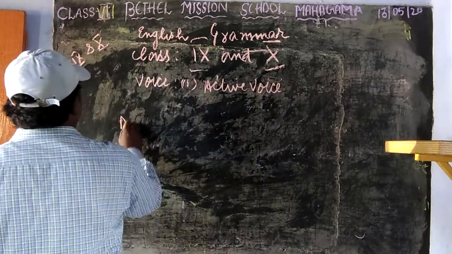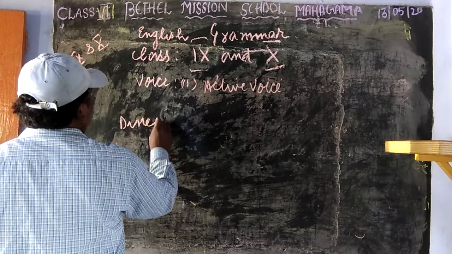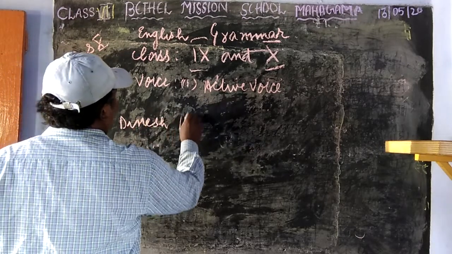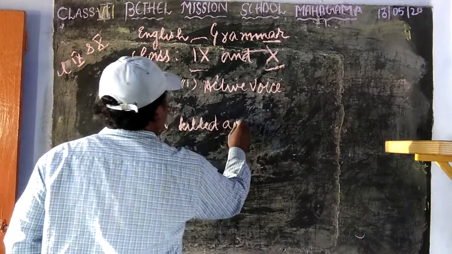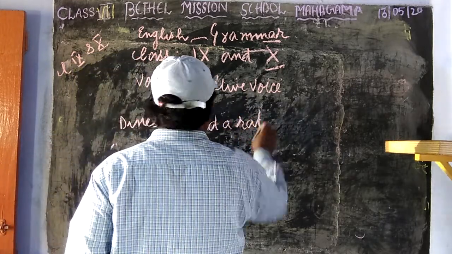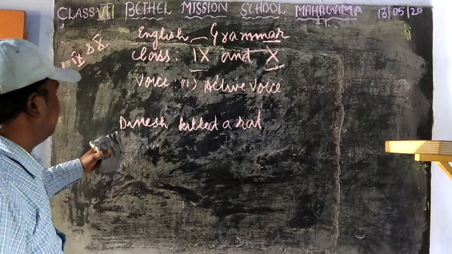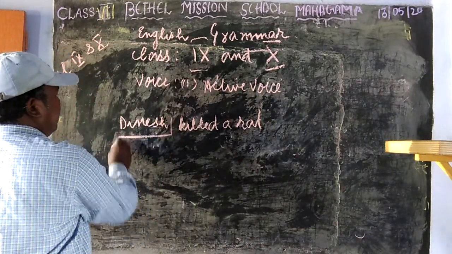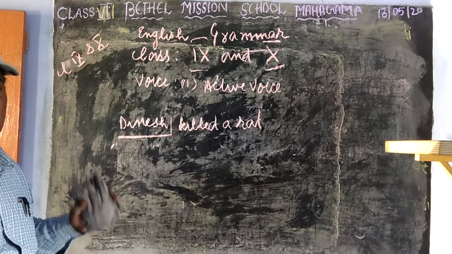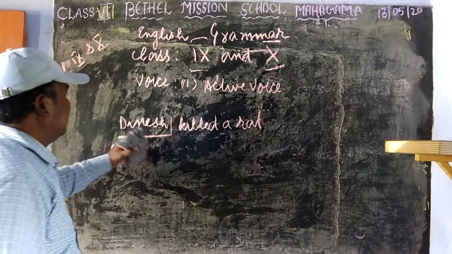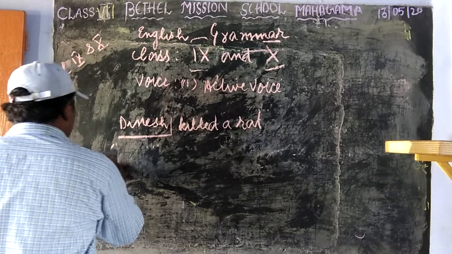Here, Dinesh killed a rat. So here, what you are seeing is this subject, Dinesh. It is a subject. What does he do? He killed a rat. That is what it is in the active voice. The subject does the action, and in passive voice, what happens?